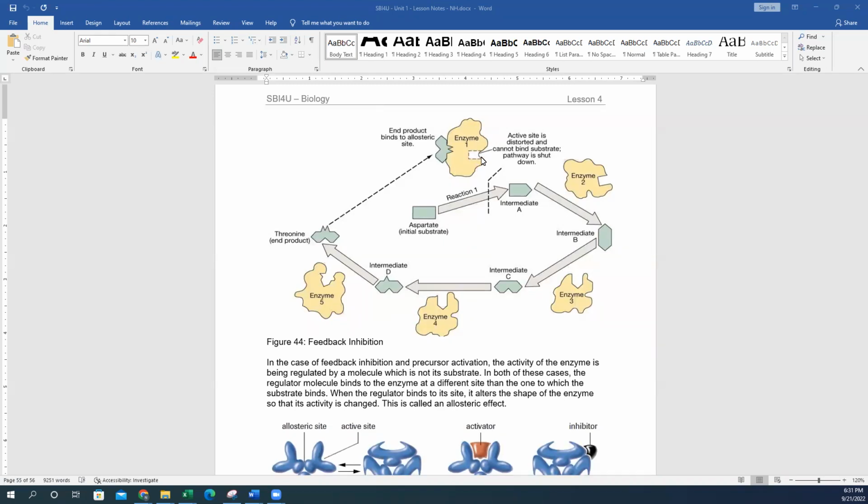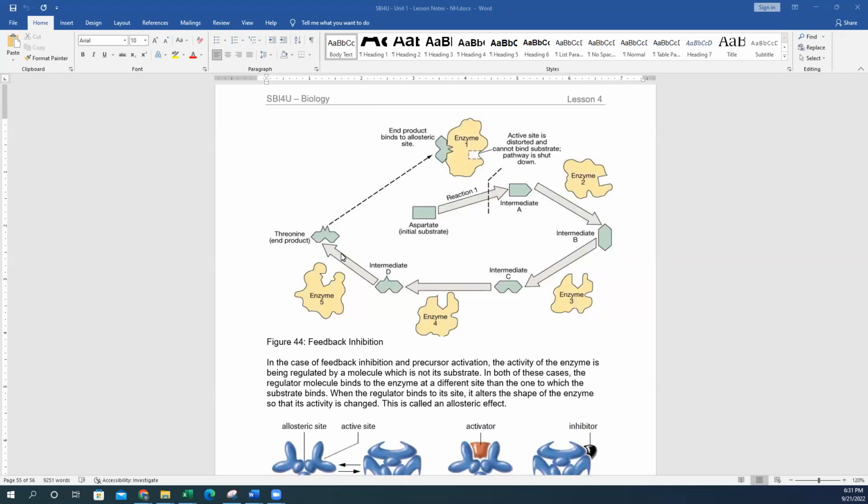We're just using some geometric shapes to represent the different intermediates along the pathway. So let's say this molecule that here we've represented as a rectangle can fit nicely into this active site here. And so when it binds, it then gets catalyzed and produces this intermediate A.